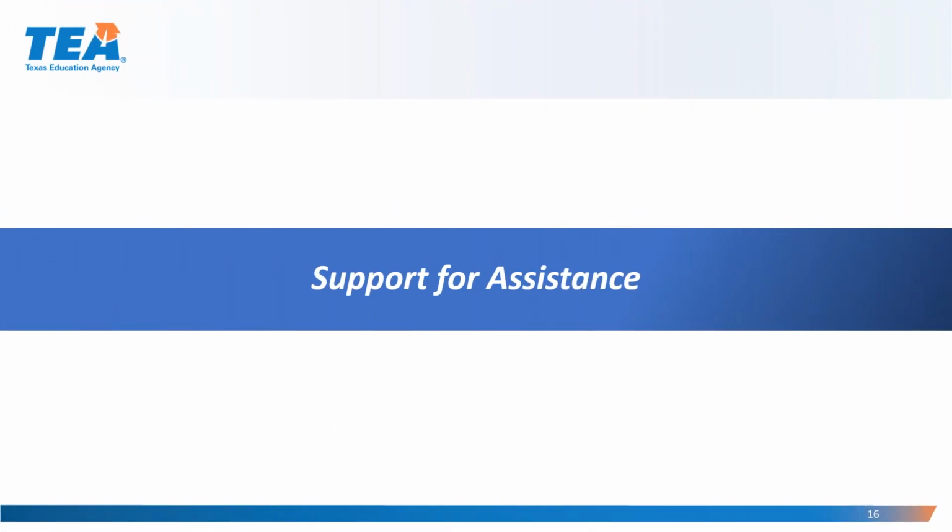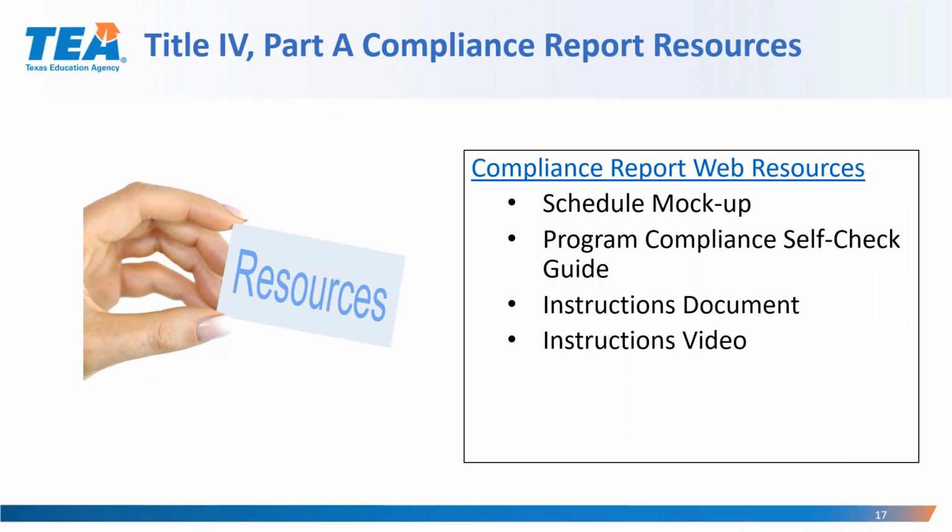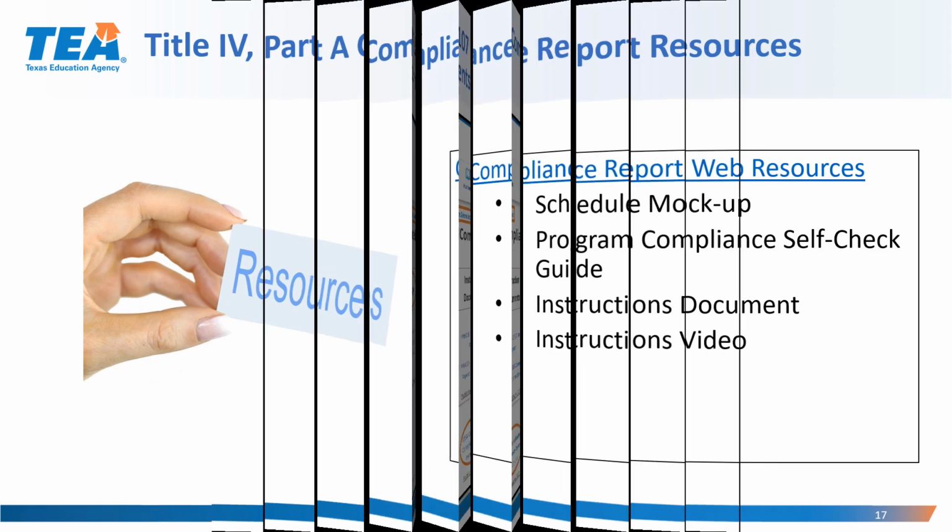Support for assistance. The Title IV Part A Compliance Report resources may be located on TEA's webpage. On the Compliance Report web resource page, an LEA may find the schedule, mock-up, program compliance self-check guide, instructions document, and instructions video.